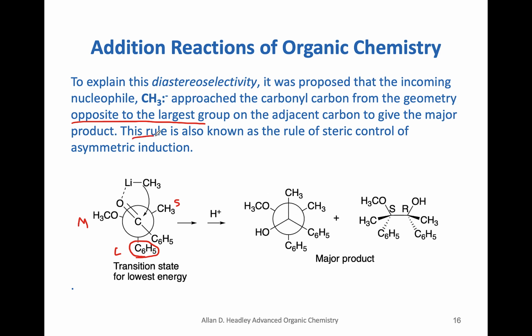This rule is known as the steric control of asymmetric induction. Sterics here makes reference to the size of the groups involved, and in particular the size of the group on the adjacent carbon to the carbonyl, which should be exactly opposite to the entrance of the nucleophile.